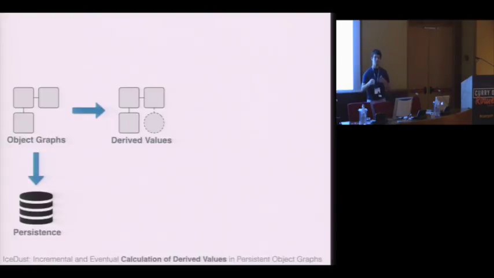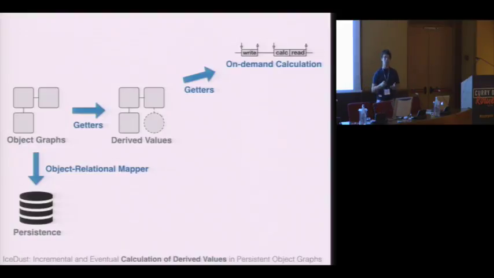So if we have such kind of object graphs and derived values, these are kind of easy to implement if you use an object relational mapper for persistence, and if you use getters to specify these derived values. But if you use getters to specify derived values, that also means that you will use on-demand calculation.